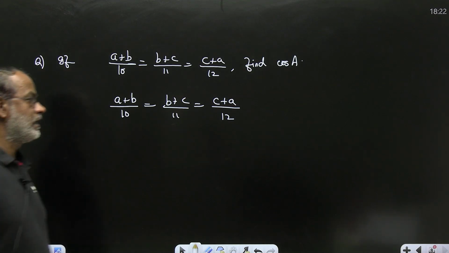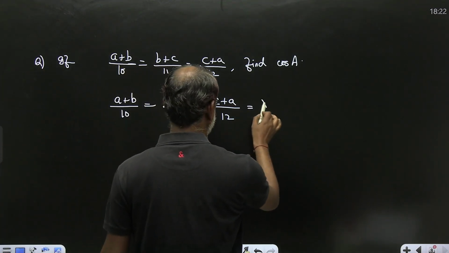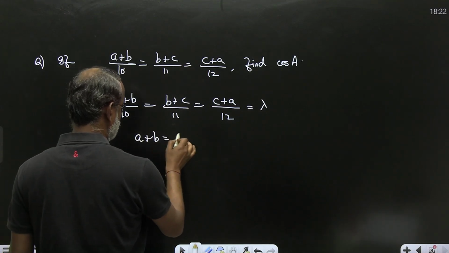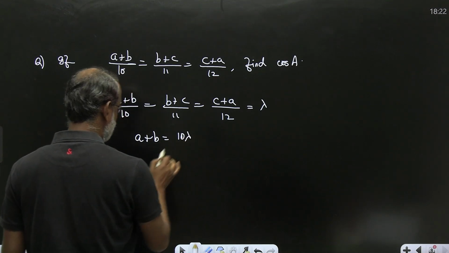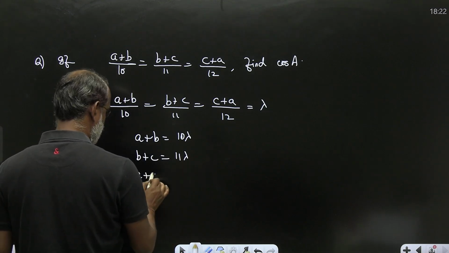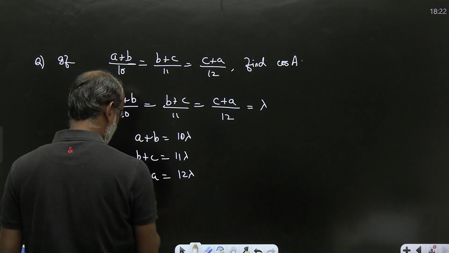So what we do generally in this type of problem is let this be some lambda. So a plus b is 10 lambda, b plus c is 11 lambda, c plus a is 12 lambda.